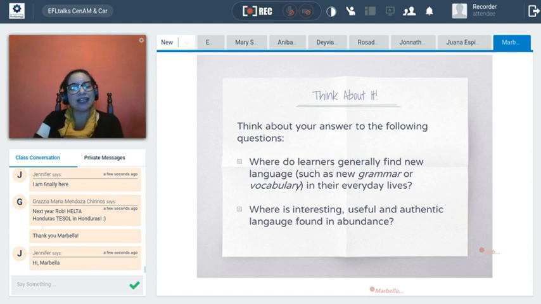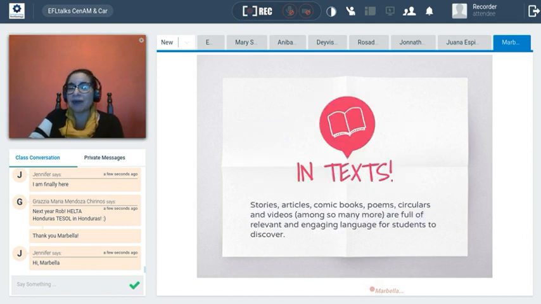So generally, students come into class and they'll have questions about new grammar or new vocabulary that they've heard somewhere in particular. And often when we're looking for particular places where we would hope students could find new language, we think about texts. So as I said, today we're going to be talking a little bit about how we can introduce language through texts.